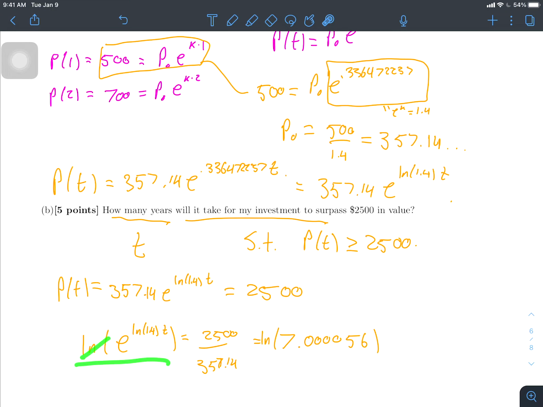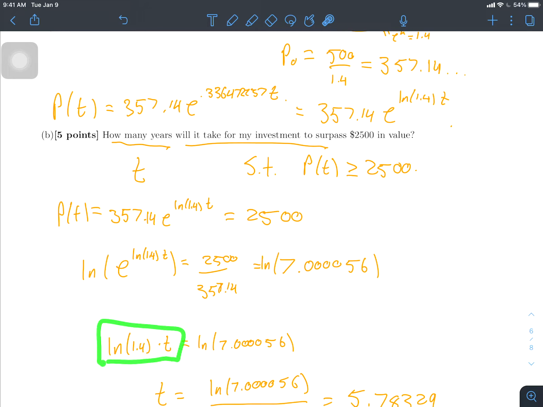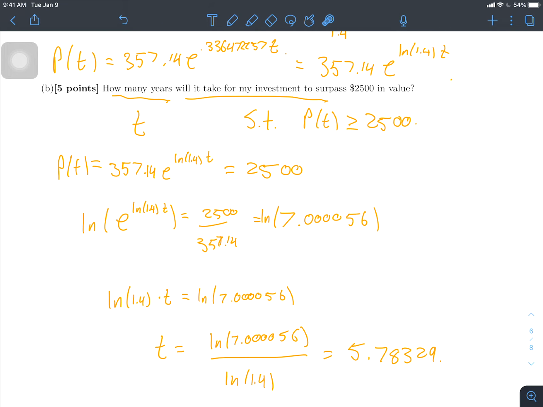And ln and e are going to cancel each other out here, so I get ln of 1.4 times t on the left-hand side, and on the right-hand side I have ln of 7. So to get t by itself, I just have a number times t is equal to another number. I just divide by ln of 1.4. Okay, and if you punch this in on your calculator, you get something like 5.78329.